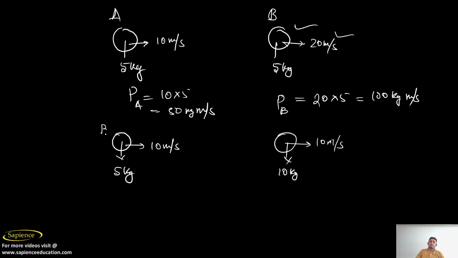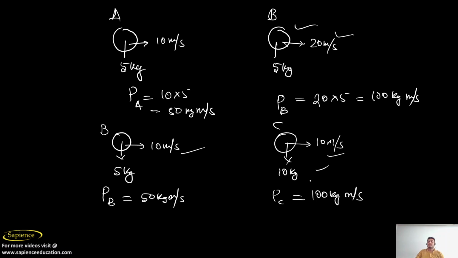Now this is body b and this is body c, so the momentum of b will be 50 kg meter per second, and the momentum of body c will be 10 into 10, that is equal to 100 kg meter per second. What does this mean? If the mass is more, in spite of the same velocity, then more momentum is there. So momentum is more when its velocity is more, and it also depends upon the mass. Understood? So more mass, more momentum.